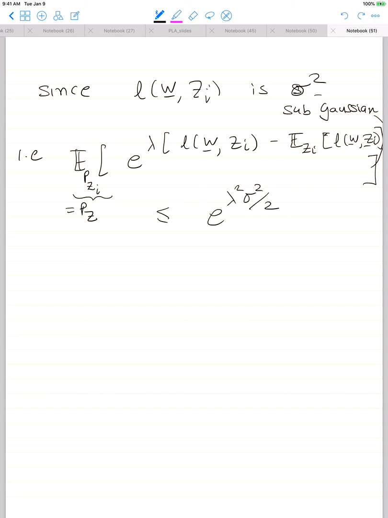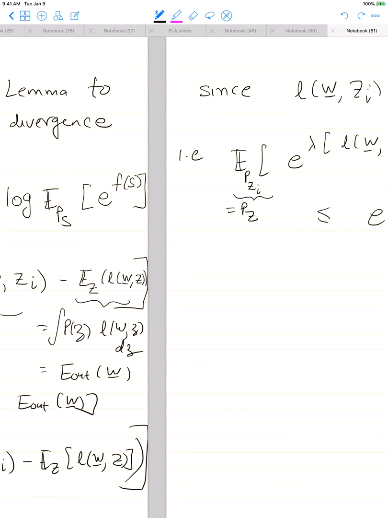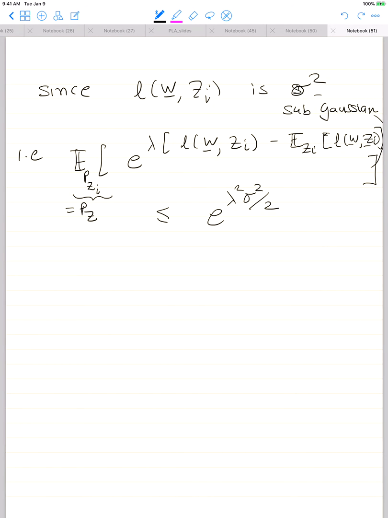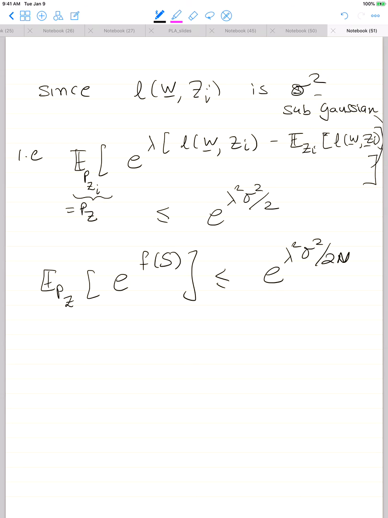Now it so happens that since f of s is a sum of these n terms where the Zi's are sampled IID, if you look at expected value over PZ of e to the f of s, this will be less than e to the lambda square sigma square by 2n.